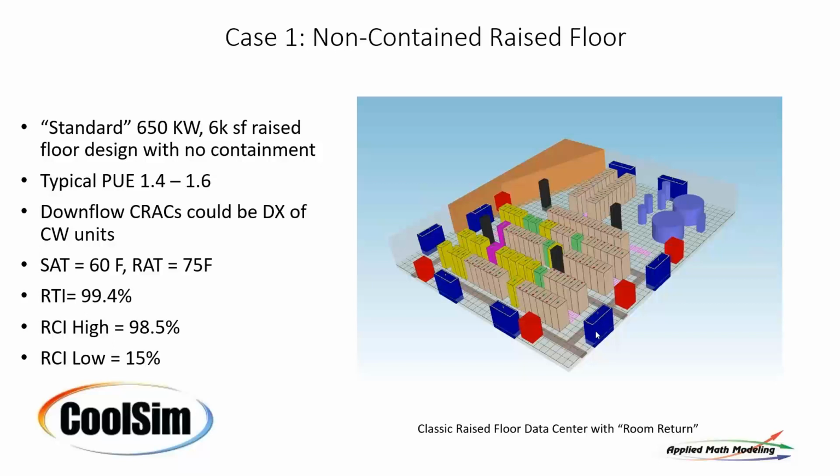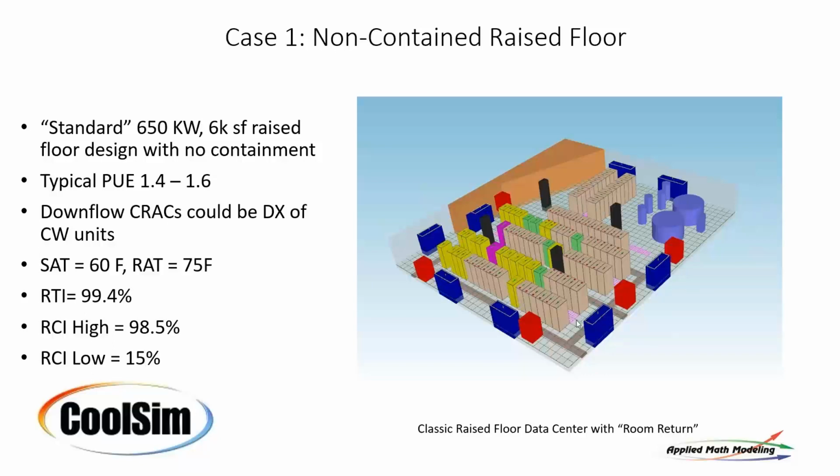We call this convective return. You have the cooling units over here in blue, and then you have the floor tiles. This is a raised floor design. The air goes down through these cooling units into the floor, up through these tiles over here. It's a very conventional design, if you know what I mean.